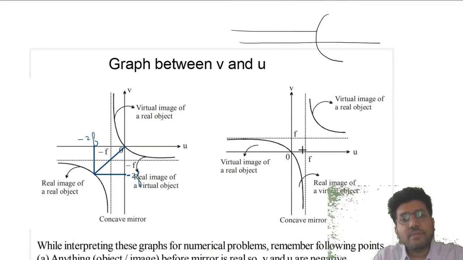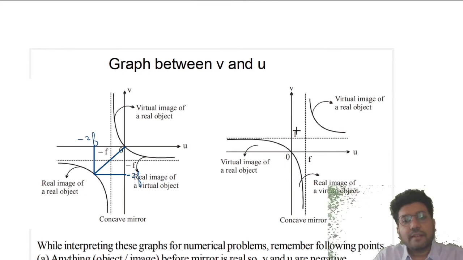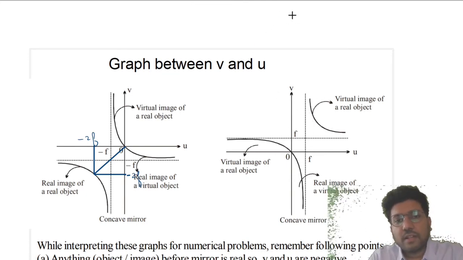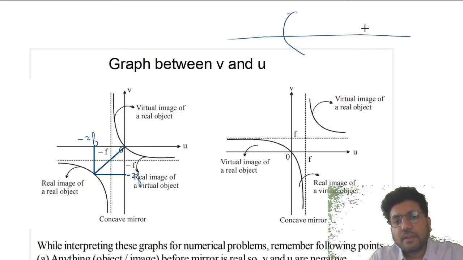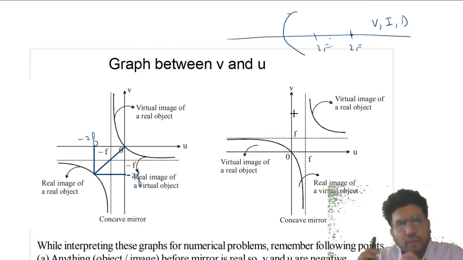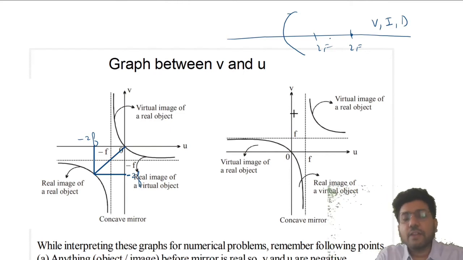Then now comes the virtual object. When the object is virtual, if you remember, when the object is beyond 2f, the image was virtual, inverted and diminished, and it was between f and 2f. When the object is at 2f, the image is at 2f. So basically for a virtual object of a convex mirror, the graph is similar to that for a real object of a concave mirror.